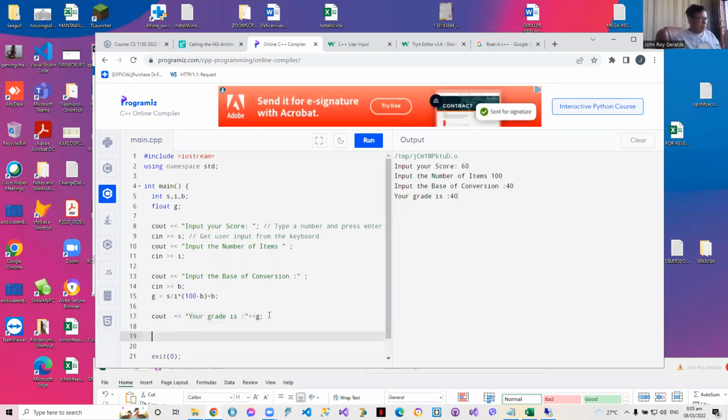Anyway, our purpose here is to show that if G is greater than or equal to 75, and then we will see out is you have passed the test.